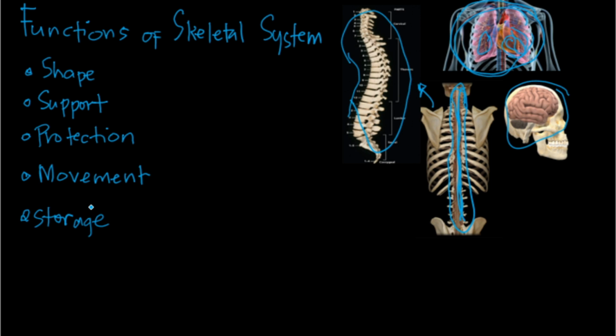Those are examples of minerals that are stored by your bones. And also, bone is the storage for fat or the adipose tissue. Take note that your fat is stored in the internal cavities of the bones.